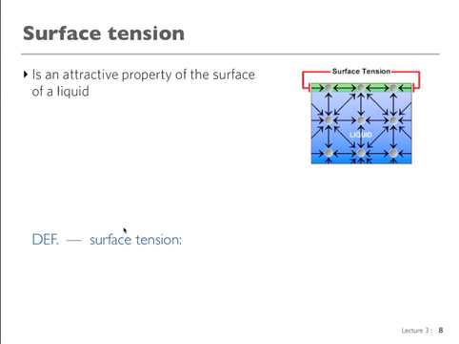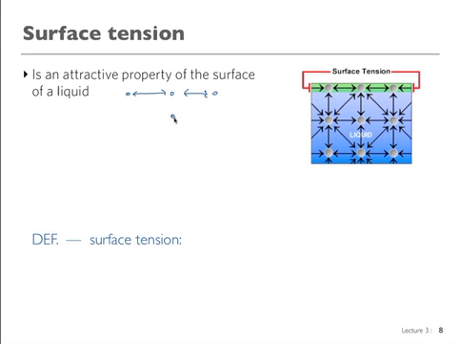Surface tension. It's an attractive property of the surface of the fluid. So if you look at this picture on the side, and you can try to draw an equivalent in your notes, what you have is a surface, and if I zoom in to the molecular level, I can imagine that there are lots of molecules at the surface, and the molecules at the surface are pulled by the cohesive forces of other molecules.